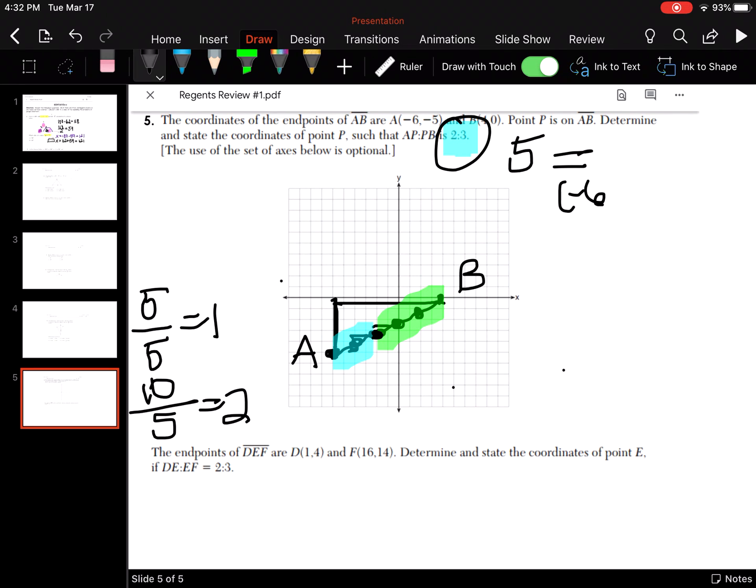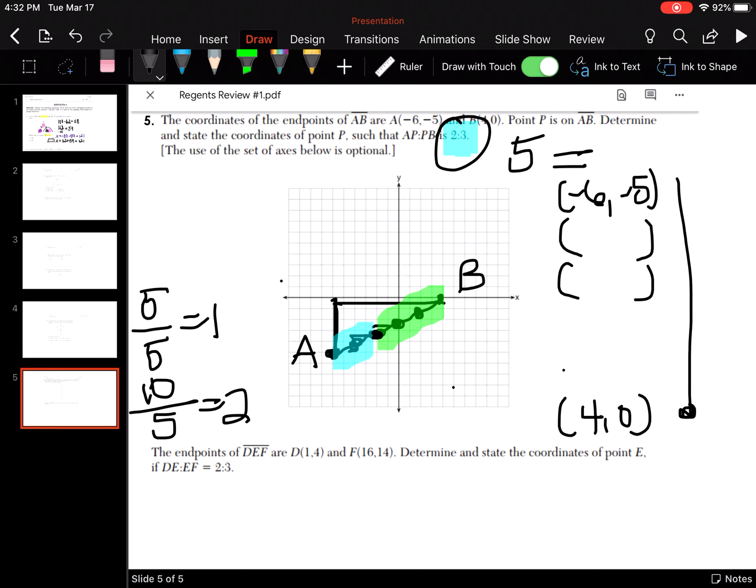So I'm going to start with negative 6, negative 5. And then down here, I'm going to put 4, 0. I'm going to break this down. That's 1 segment, 2 segments, 3 segments, 4 segments, and then the 5th. So we always do bottom minus top.